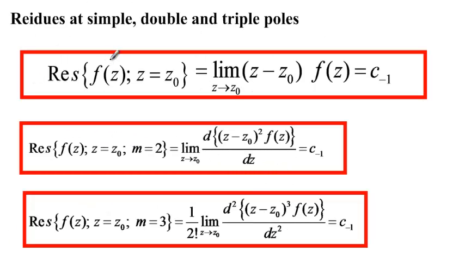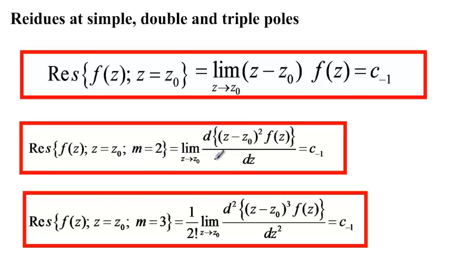Now, calculating residues: simple, double, and triple poles. We notice that we have this formula for simple poles, whereby we write residue of f of z, semicolon, z equals z0, meaning when we write this way, we've got a simple pole, and then we compute, as we've seen, the residue in the following manner.